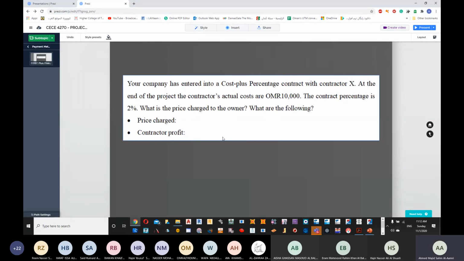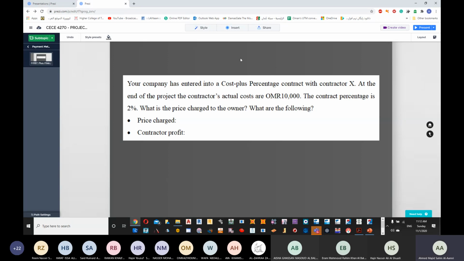Now, when we talk about cost plus fixed fee, if the time of the project is increasing, will the profit of the contractor increase? No, it will not. Whether you finish your project in 1 year or 10 years, the value of the profit is going to be the same. Now, what about if it's a percentage? If the project time increases, will the profit of the contractor increase?